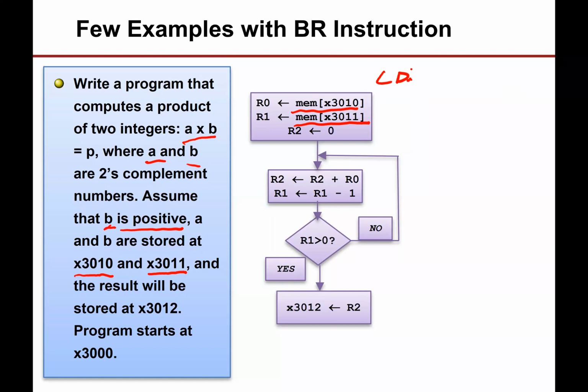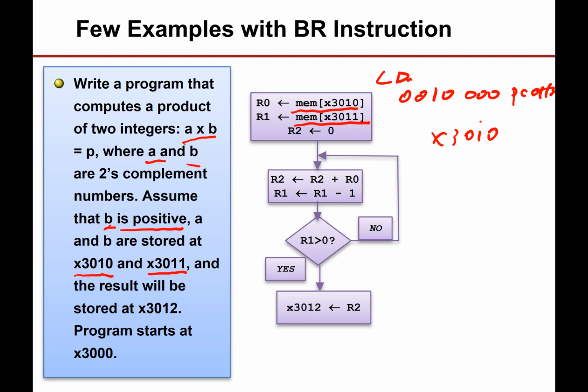It's a simple load of the data into it. So for this one it is 0, 0, 1, 0. And its destination is R0, 0, 0, 0. And then the PC offset.